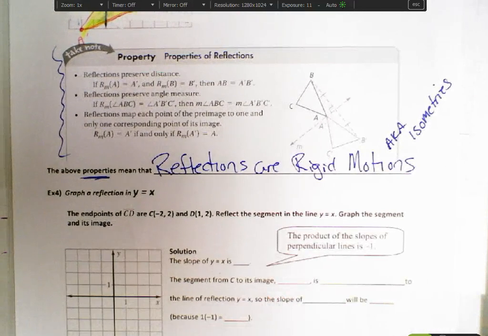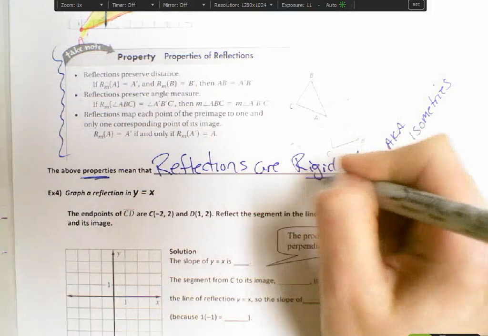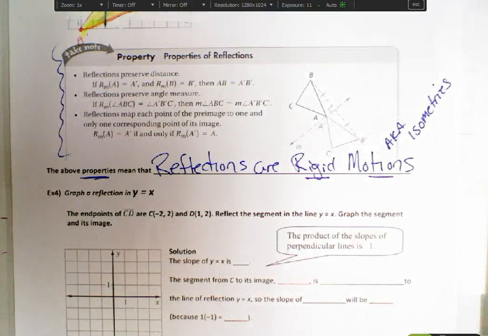Remember that from last lecture? So I did not change the shape, the look, the size of the figure, therefore it's a rigid motion. Okay, so that's what all those properties lead to.